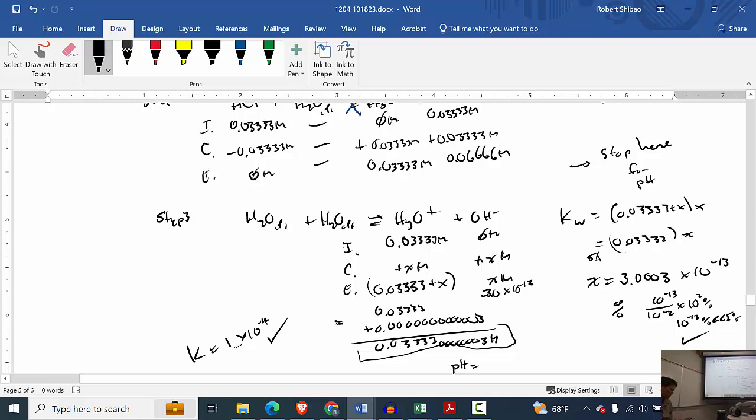It's going to be negative log of 0.0333, which gives 1.477. This is the missing pH.